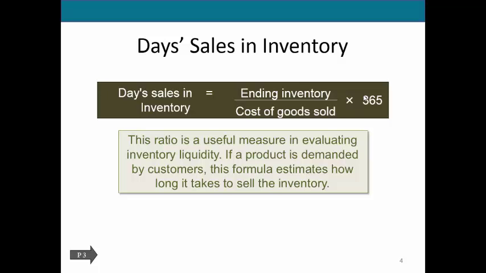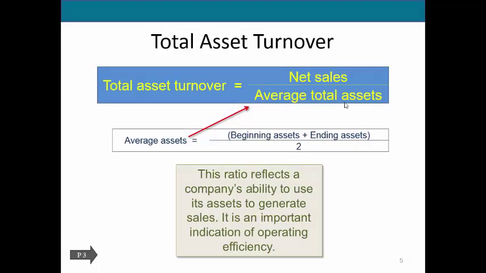So similar to what we were looking at with our accounts receivable turnover and days sales uncollected, these ratios, our inventory turnover ratio and days sales in inventory, are all looking at how effective are we with our inventory. We calculate this by taking our ending inventory number, divide by cost of goods sold, and then multiply by 365. And this tells us how quickly or how many days it's taking us to sell our inventory.